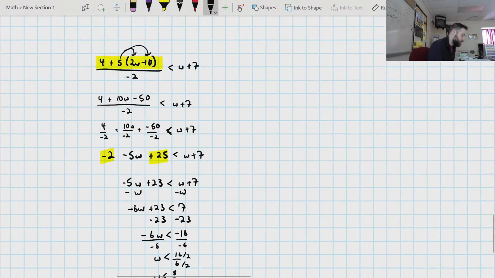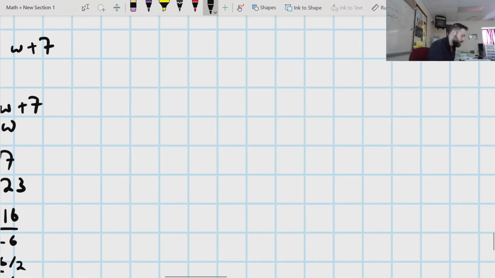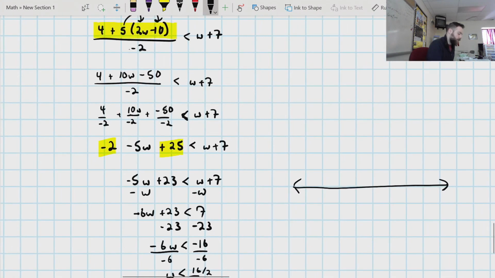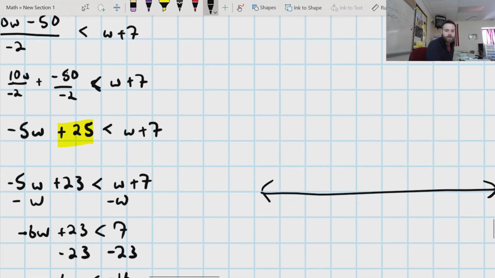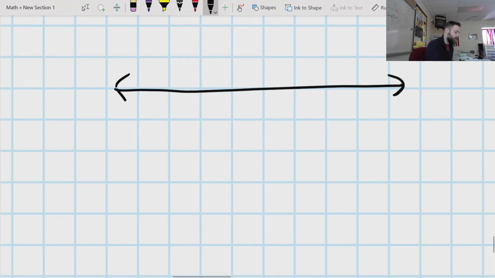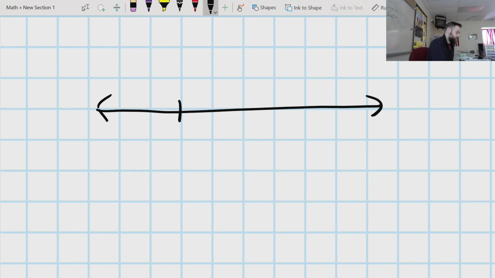Even though that was a longer problem, you should get the answer pretty well. If you can follow your order of operations for solving equations, and you can solve a pretty complex equation, you can solve a pretty complex inequality. So I've got 0, 1, 2, 3, 4, and so on.